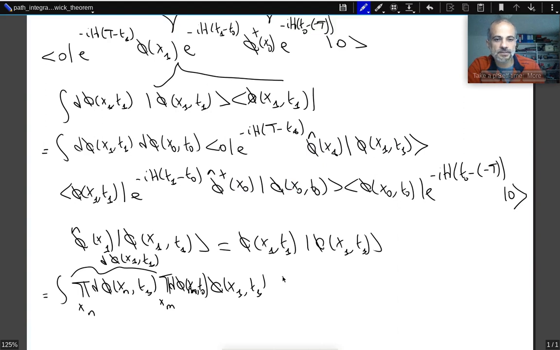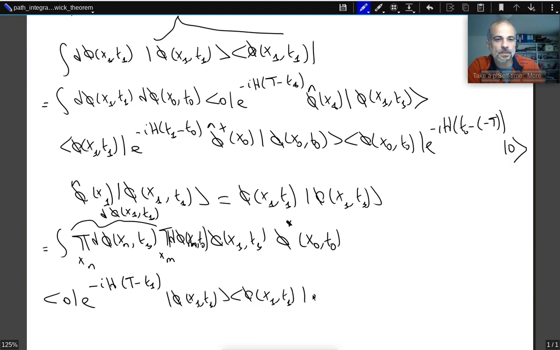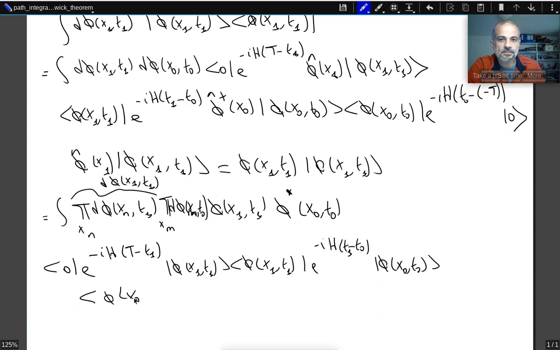Here I have this from the action of this operator on this ket, and here I have this operator acting on this ket, so that will give me phi conjugate x0 t0, and what remains is the empty state, e to the power minus iH (T minus t1), phi of x1 t1, phi of x1 t1, e to the power minus iH (t1 minus t0), phi of x0 t0, and then finally phi of x0 t0, e to the power minus iH (t0 minus minus T), the empty state.